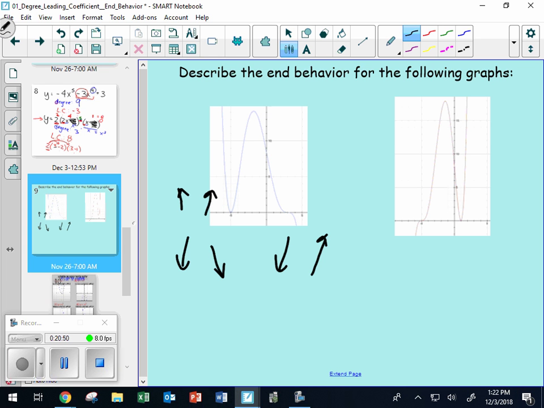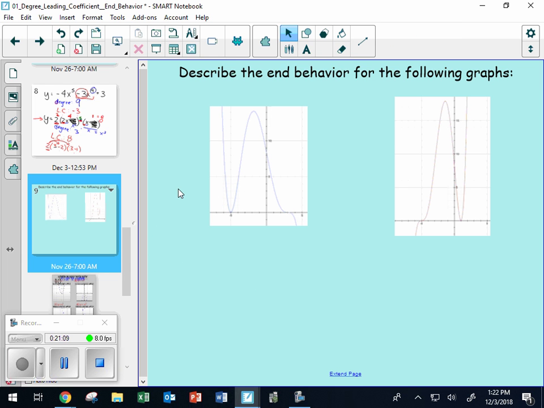There's actually a pattern to tell you how those end behaviors show. I don't want to tell you the pattern, so I'm going to make you find it yourself. The way I'm going to have you find it is to take out either a graphing calculator or Desmos on your iPad.